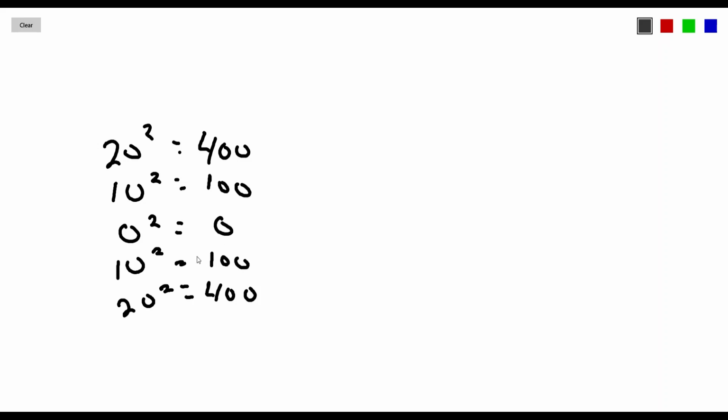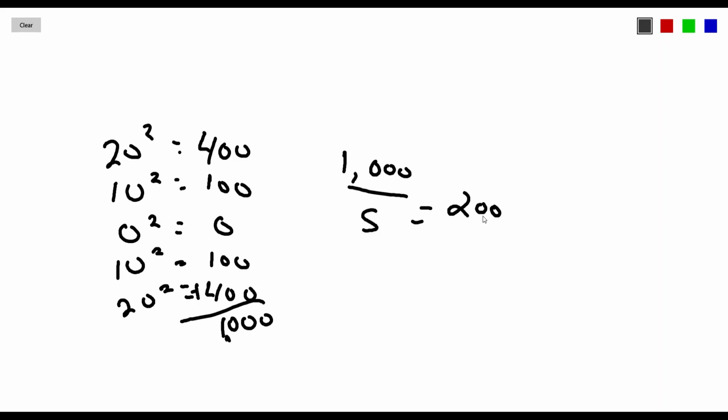And 0 squared is 0. And so we add up all these numbers. So we have 400 plus 100, that's 500, plus another 100 is 600, plus 400 is 1,000. And we're going to take 1,000, divide that by 5. And that gives us 200.